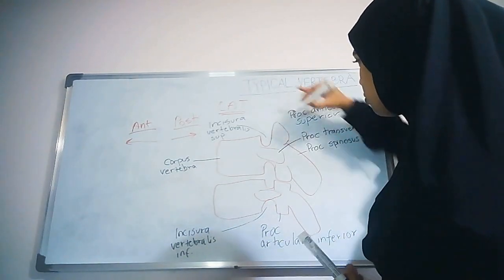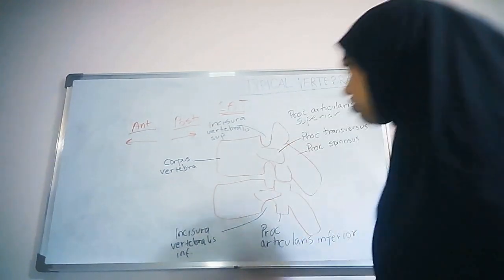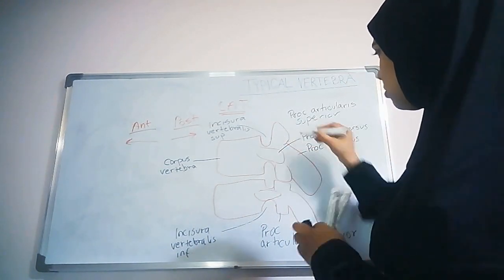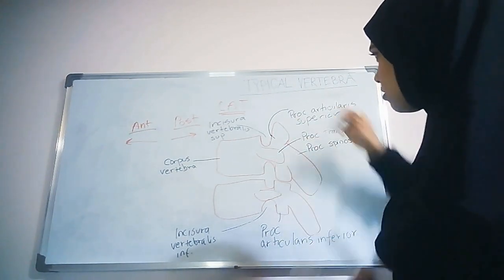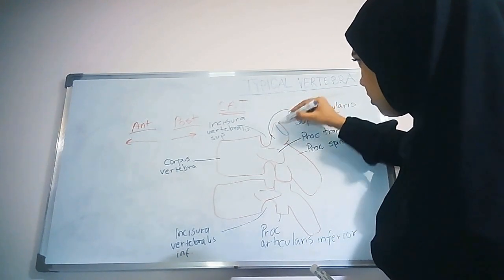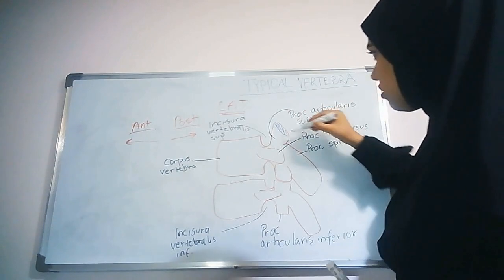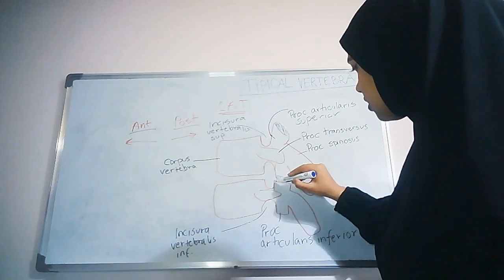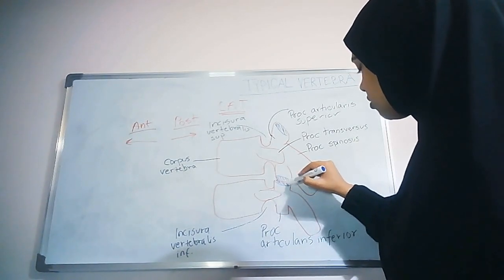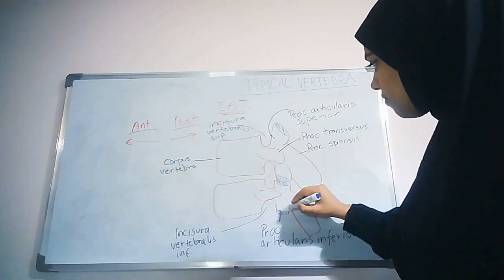So we have processus, the protruding part, and then we have this flat surface here, and we also have a flat surface here. So this flat surface and this flat surface, they meet.